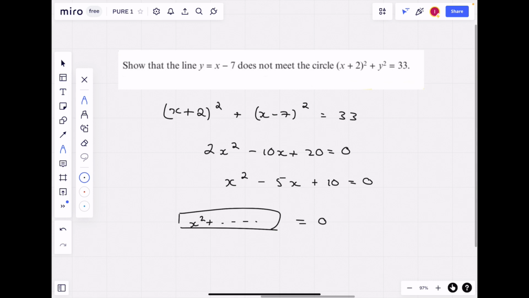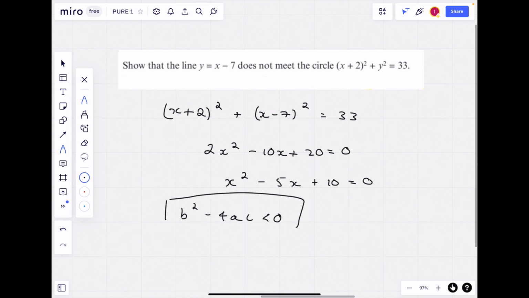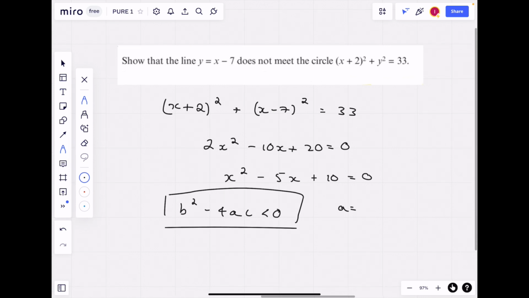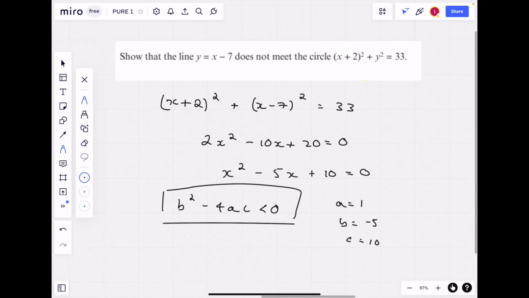Now, it says show that the line y equals x minus 7 does not meet the circle, which means our quadratic, when we use b squared minus 4ac, we're expecting it to be less than 0. That will show no intersections. A is equal to 1, B is minus 5, C is 10.